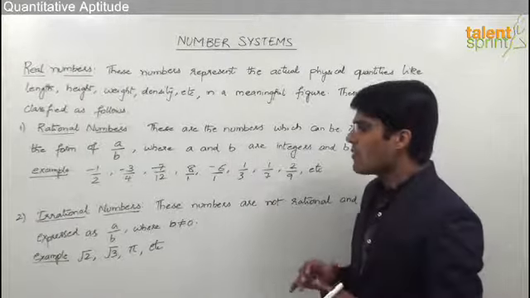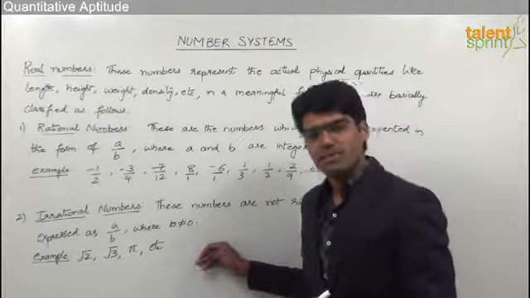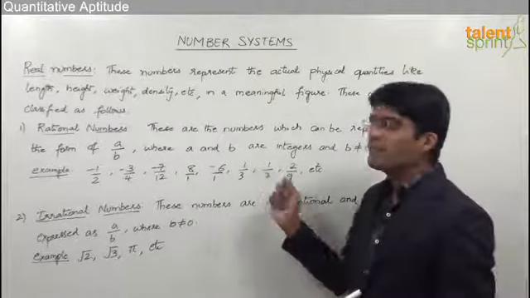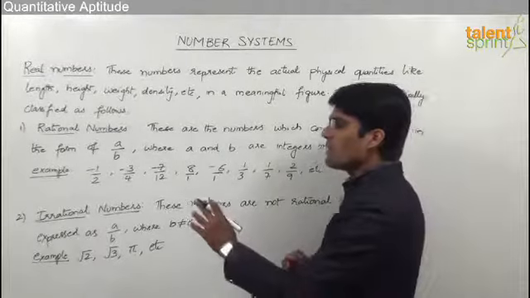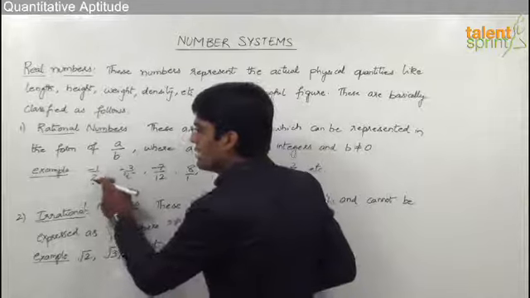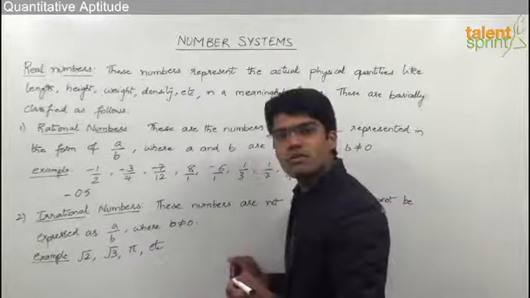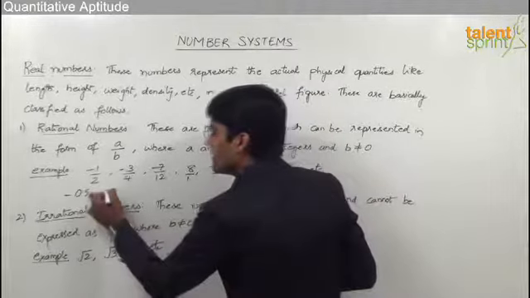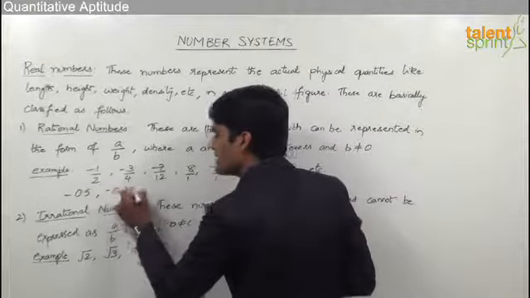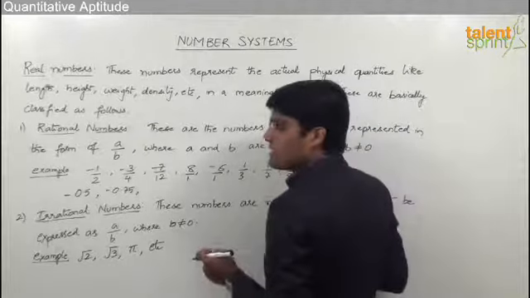Let us understand what is the actual difference between rational and irrational numbers with the help of these examples. Now if you look at these fractions, 1 by 2 can be taken as 0.5, or minus 1 by 2 can be taken as minus 0.5. Similarly, minus 3 by 4 is minus 0.75.